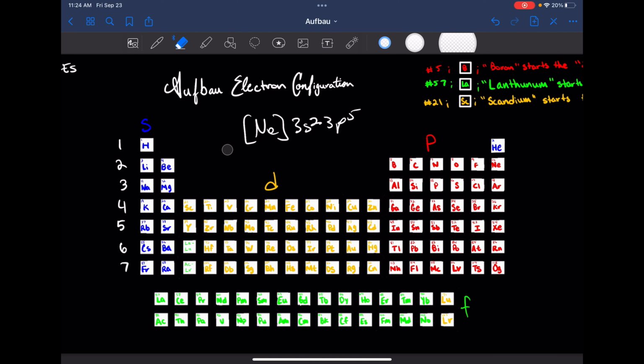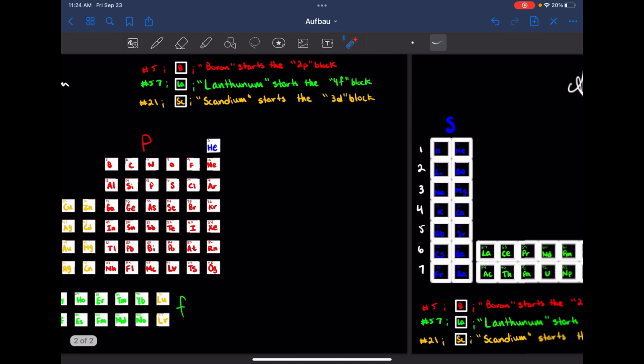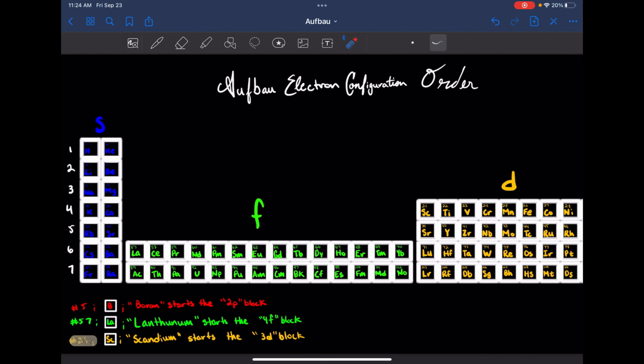Let's do one more. Let's do Einsteinium again, but this time with an abbreviated configuration. When we went to this page, we saw that Einsteinium is technically in the last row right here, period 7.